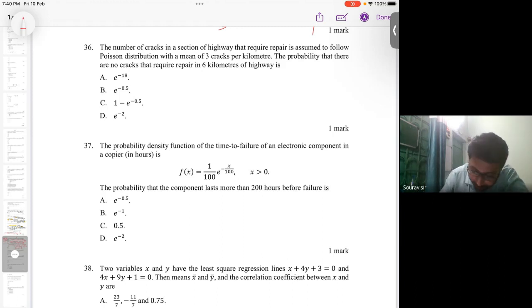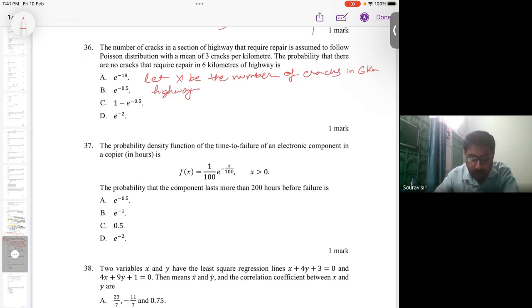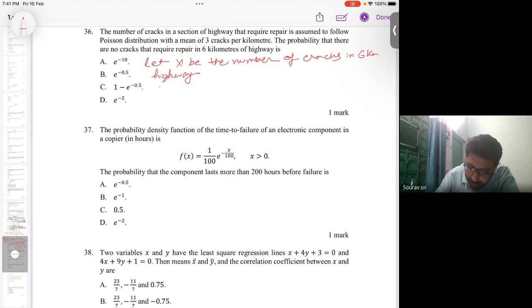So to solve this, let us assume that X be the number of cracks in 6 kilometer highway. Now it is given here that X follows Poisson distribution.